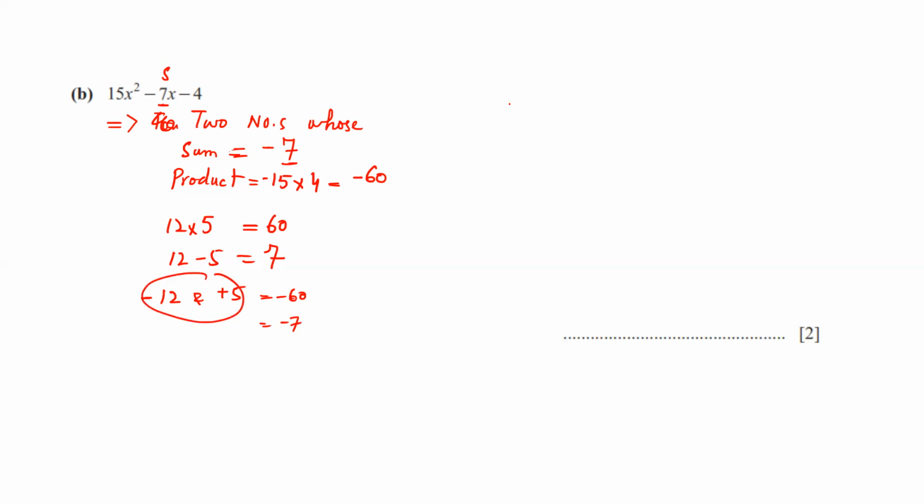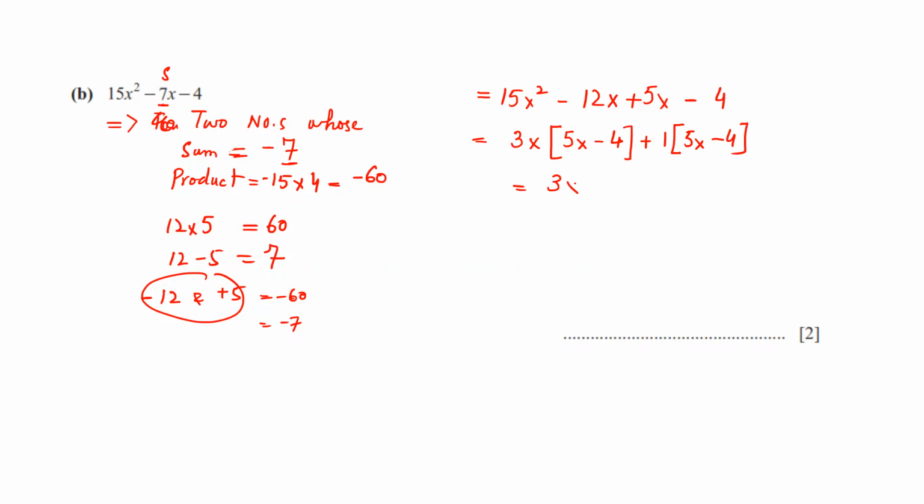Use them: 15x square minus 12x plus 5x minus 4. Now just use it to factorize. You have 3x common, so you have 3x times (5x minus 4), plus 1 common, (5x minus 4).